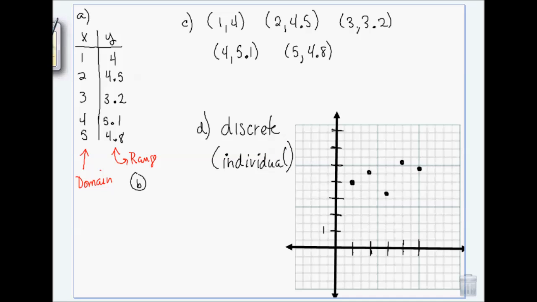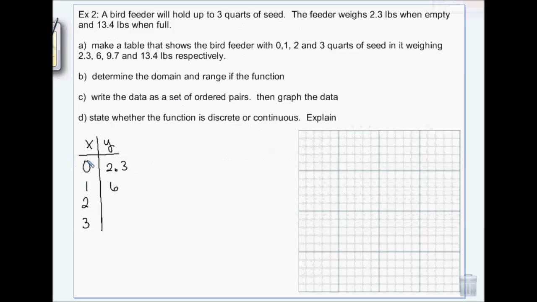Does that make sense? Okay, so the weight depends on how many quarts are in there. So that's X, and then the Y is the number of pounds. So we'll list that. Those are our tables. This is my domain. This is my range.